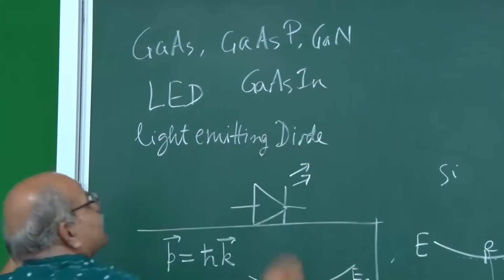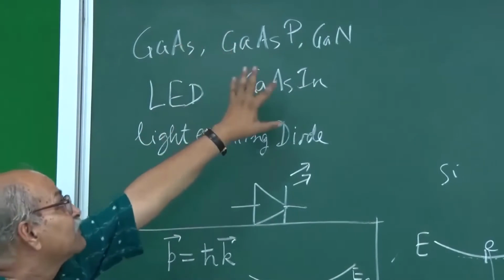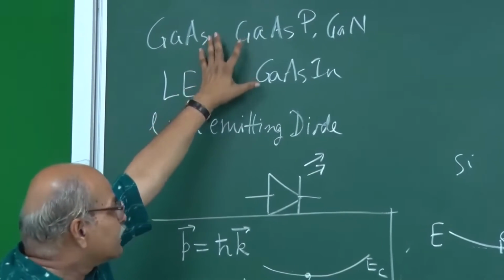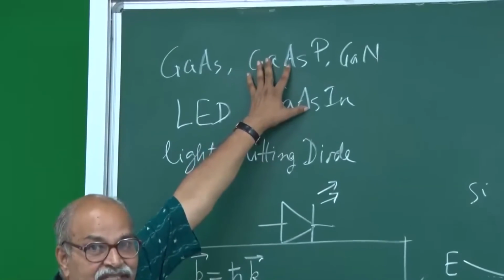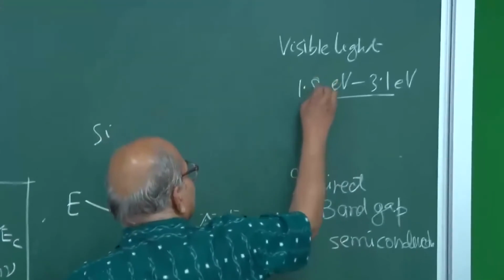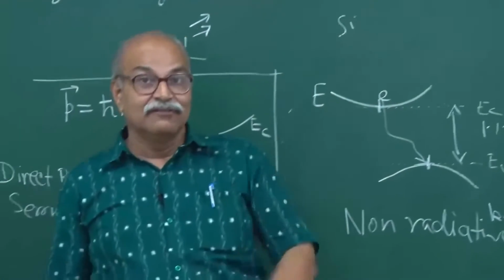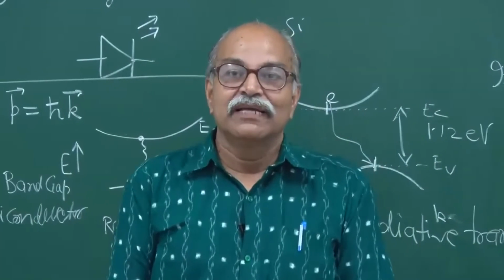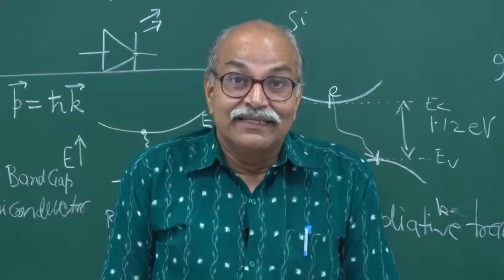With these kinds of semiconductors, you can play with proportions and in what fraction they have to mix. They will be direct band gap semiconductors, and with proper composition their band gap can be in the visible range. So when current goes through them in forward bias condition, they can emit light. So that is an LED.